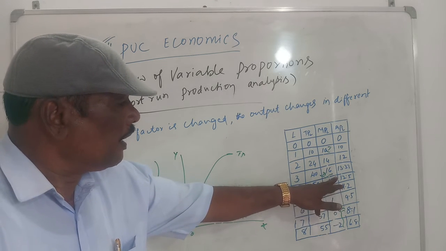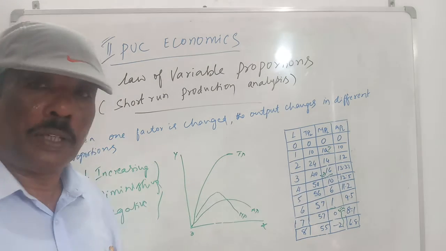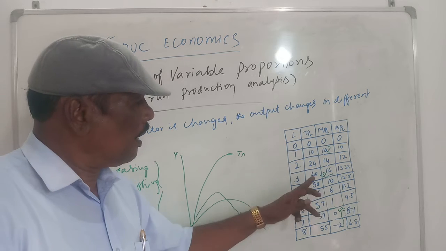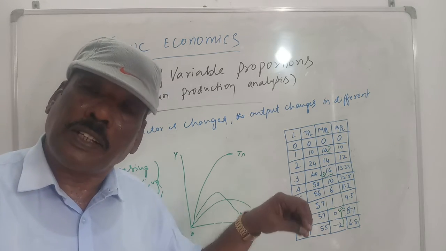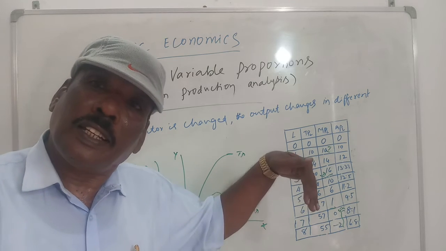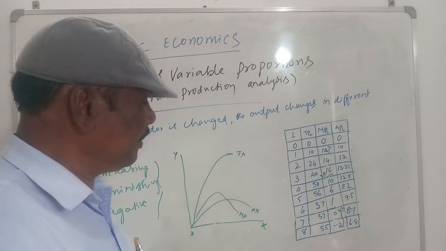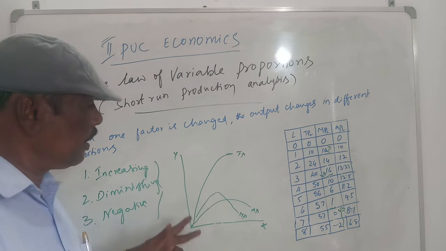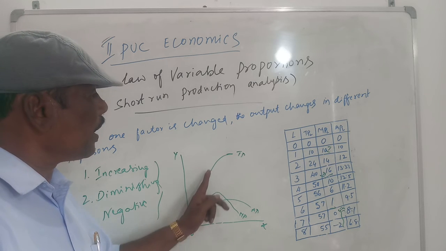It will become lesser and lesser than AP. And AP will never become negative. And this MP becomes 0. MP touches the OX axis, and even it cuts the OX axis. It becomes negative.